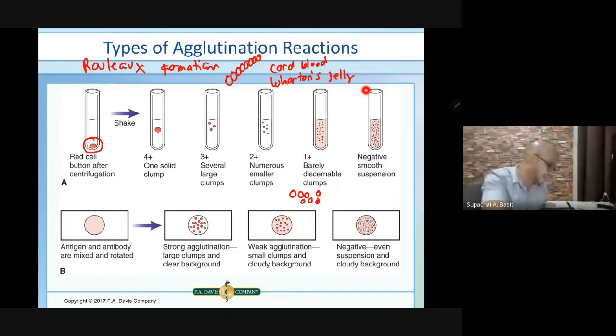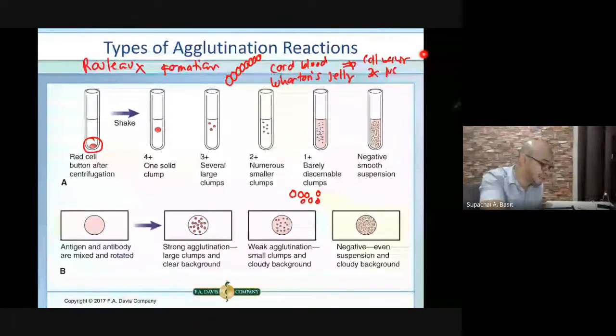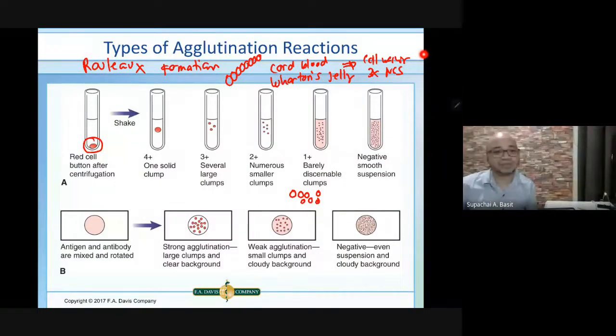So during an agglutination reaction, if you are able to see rouleaux formation, the best thing to do is cell washing. Meaning to say you wash RBC 3 times with NSS or the normal saline solution. So that's the solution for the rouleaux formation.